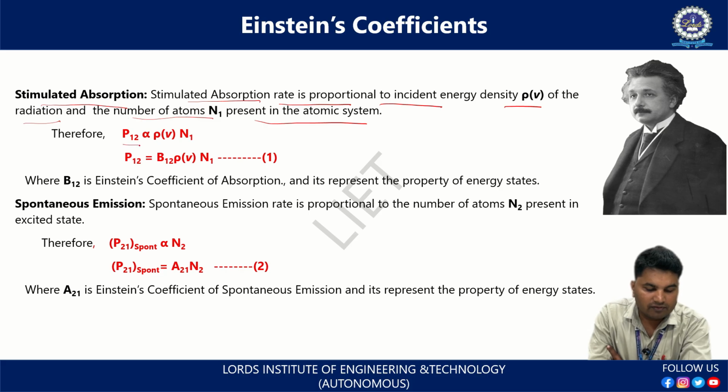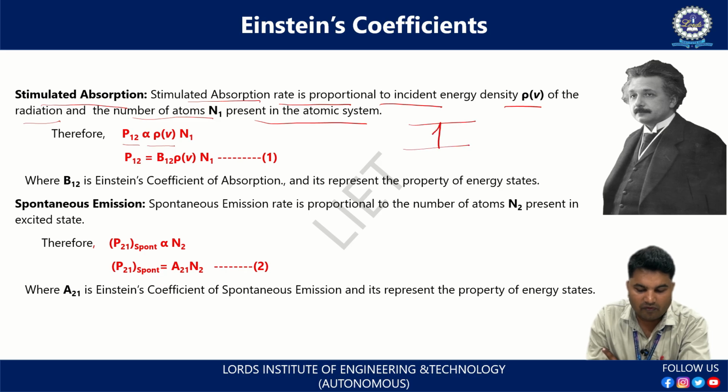Therefore, P12 is directly proportional to rho of nu N1, where P12 represents the transition from lower energy state 1 to higher energy state 2.